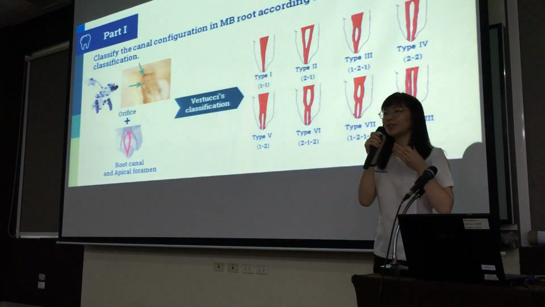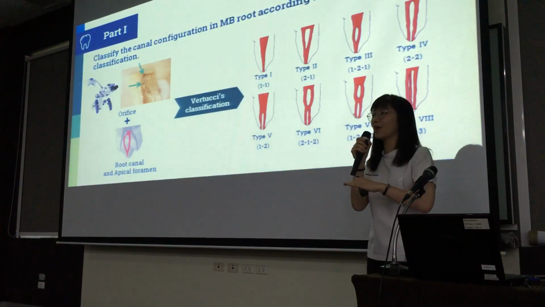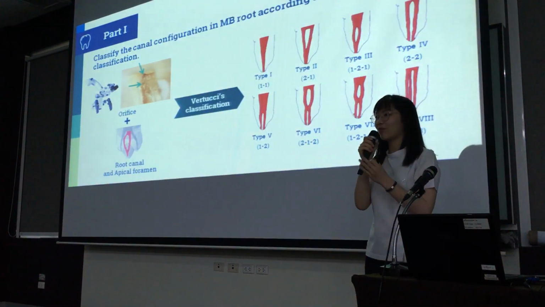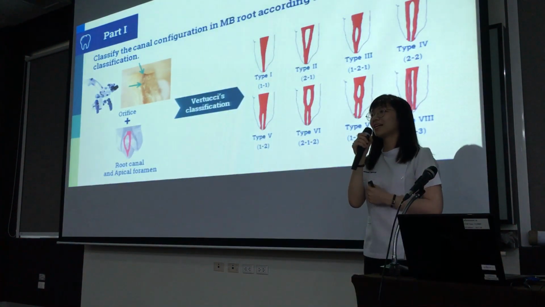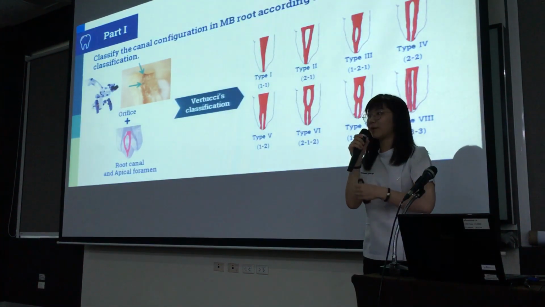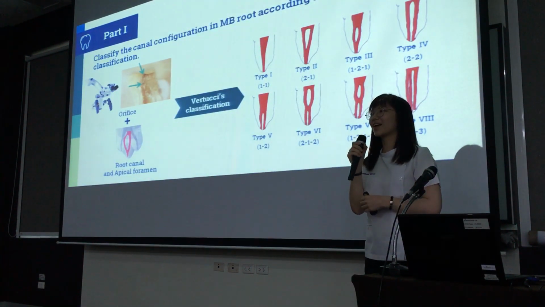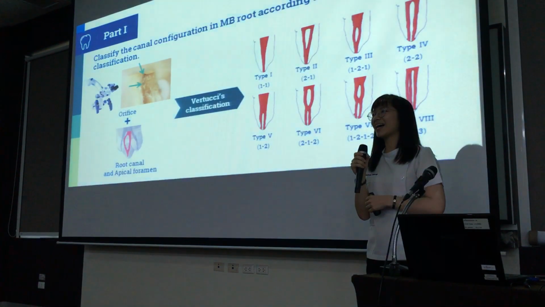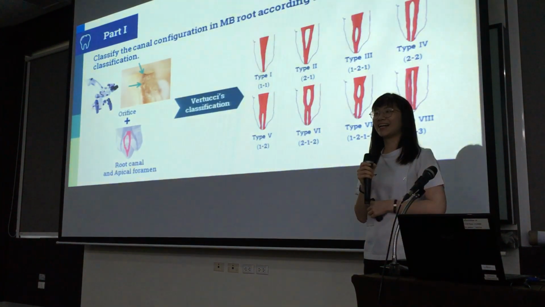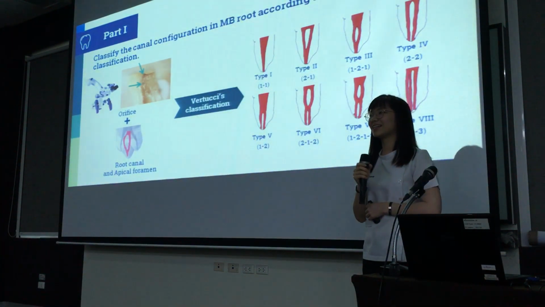So we define the pulpal floor level by the first slice that obviously had 3 orifices with an oval shape. Okay, and the 3 orifices are MB, DB, and palatal. Yes. Thank you.